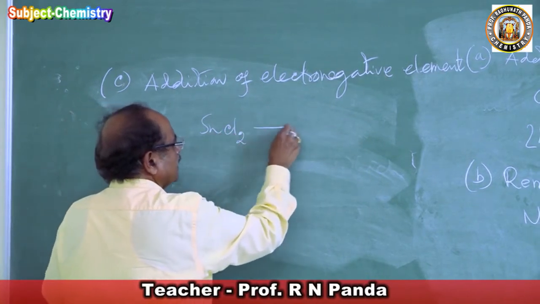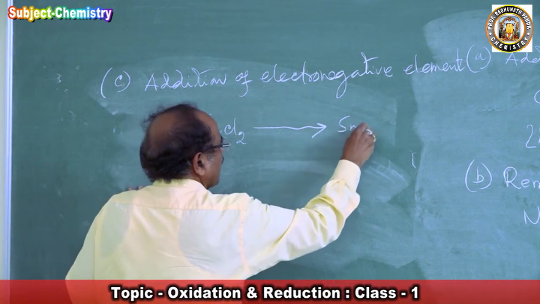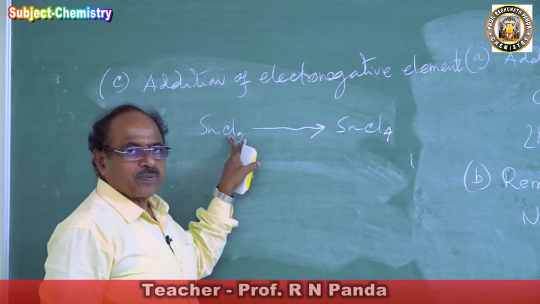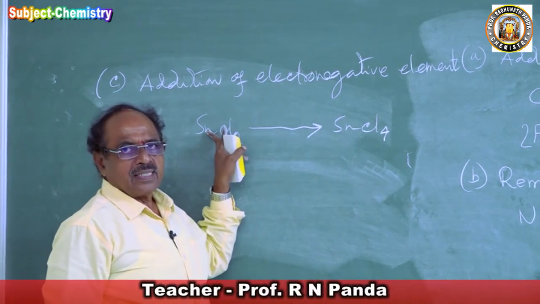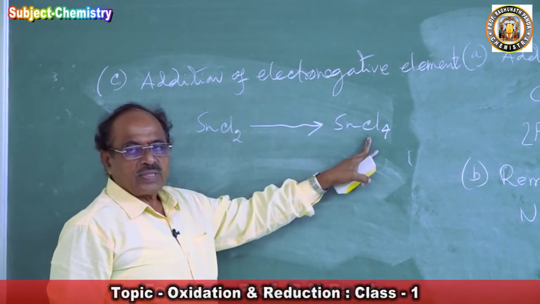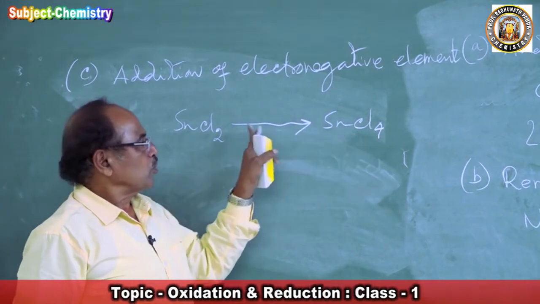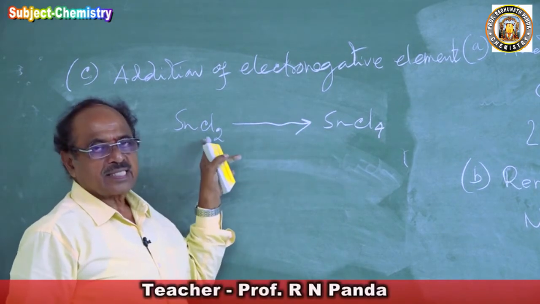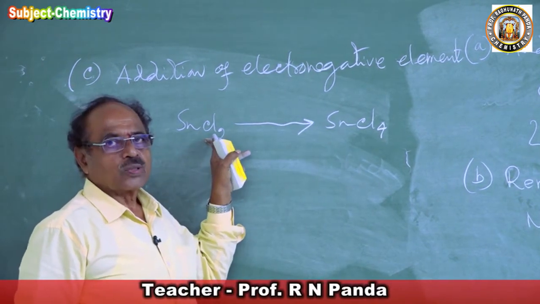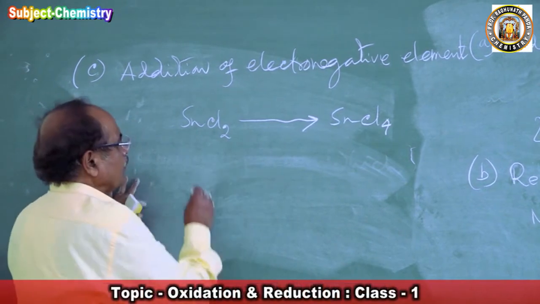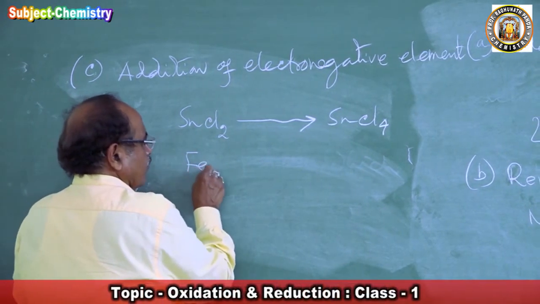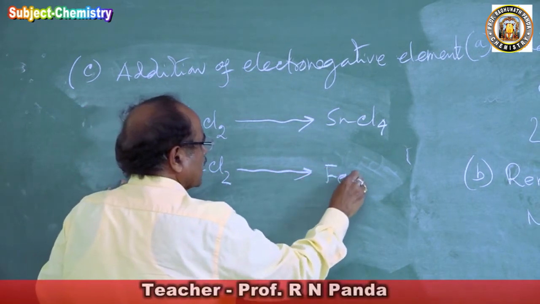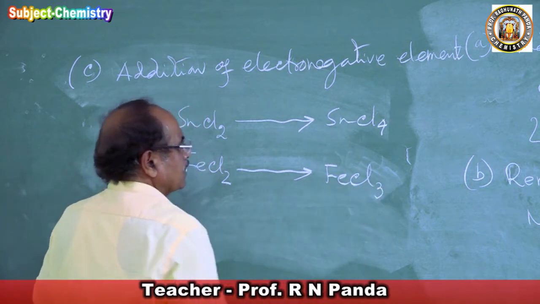The stannous chloride is converted to stannic chloride. So 2 atoms of chlorine are present in stannous chloride. Now 4 atoms of chlorine are there. So here 2 chlorine atoms are added. Hence we say that stannous chloride is oxidized to stannic chloride. For example, we have ferrous chloride and it is said to be oxidized to ferric chloride.